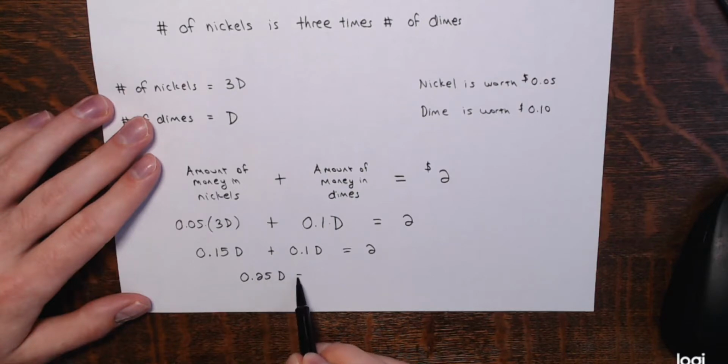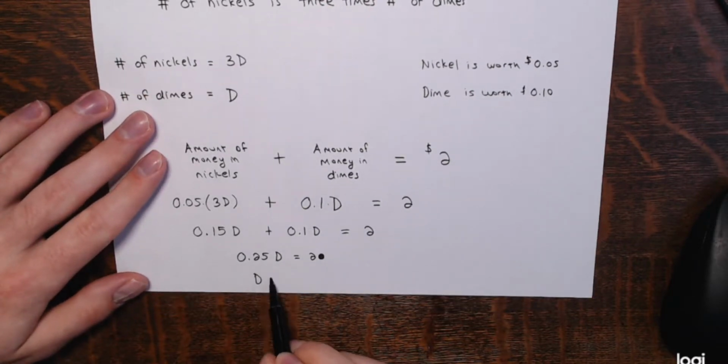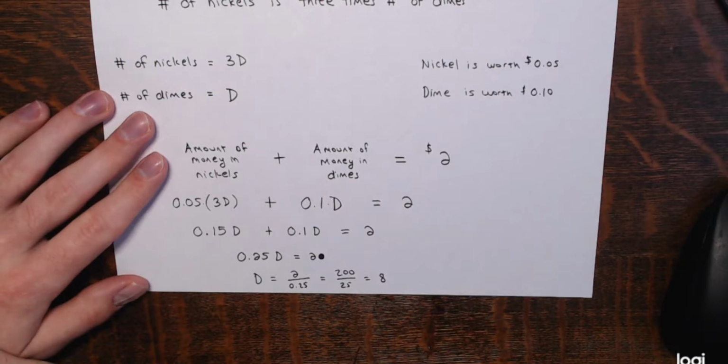And then equals 2, and then dividing by 0.25, right? So 2 divided by 0.25, which if you multiply by 100 in the numerator and denominator, that'd be 200 divided by 25, which is 8. Right?